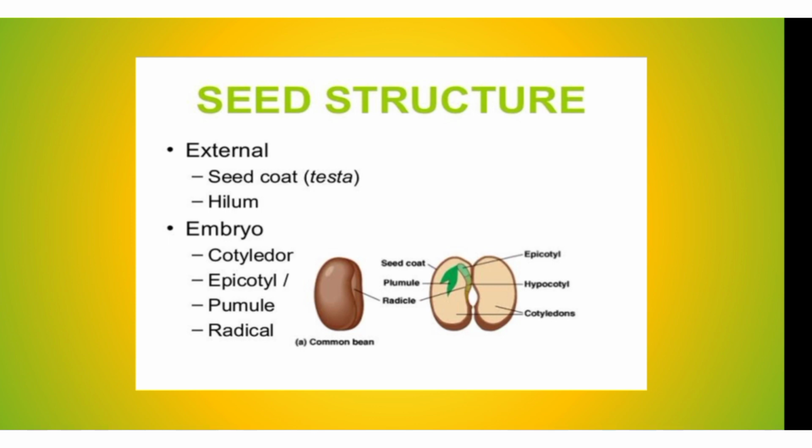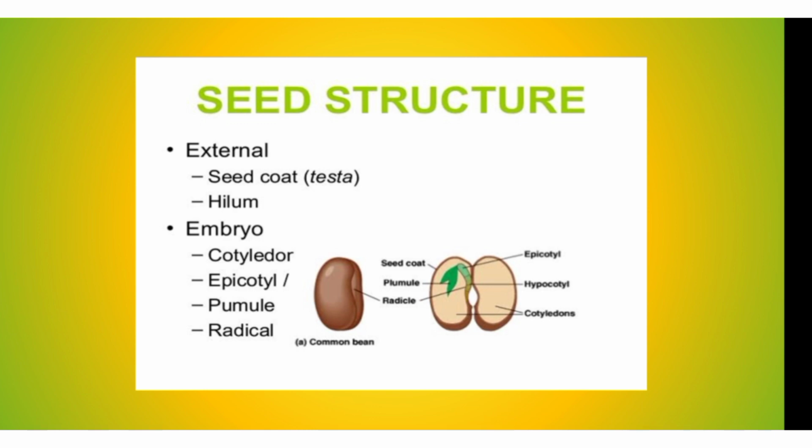We have now the pictures. We have the external and internal parts of the seeds. For the external, we have the seed coat or the testa, which is the covering of the seeds, and the hilum. For the embryo, we have the cotyledon, the epicotyl, the hypocotyl, the plumule, and the radicle.